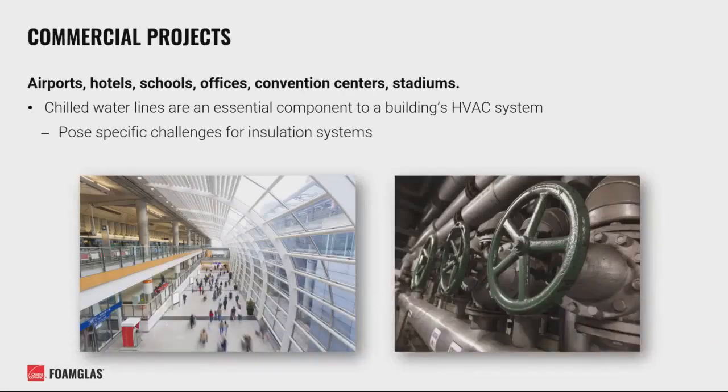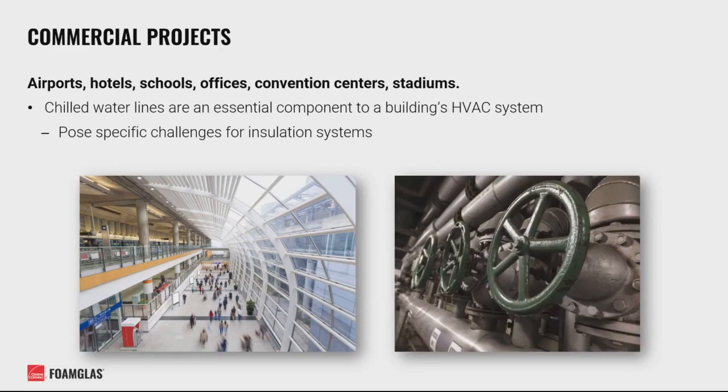With that being said, we'll go ahead and move right into our main topic for today, which will be around chilled water systems within commercial buildings. Specifically, we'll start off discussing some common challenges that one may face when designing insulation systems around them. Today's commercial buildings are complex facilities, which could include airports, hotels, schools, offices, and so on.